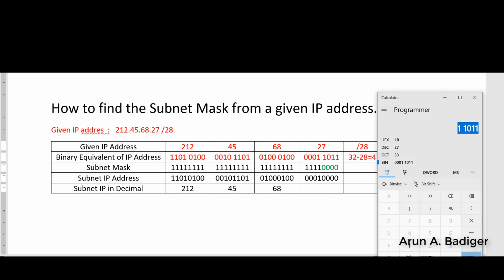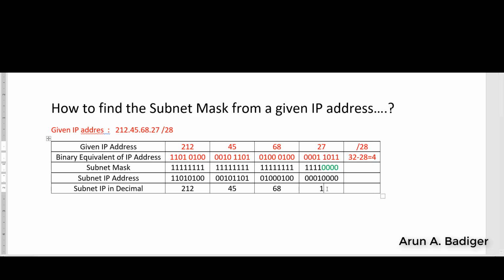For this I will make use of the calculator. I will do the reverse operation, from binary I will calculate the decimal equivalent. In binary it is 000 followed by 1, then followed by 4 zeros, 0000, right? So this equivalent will be equal to 16.